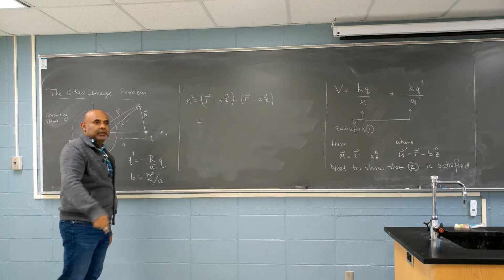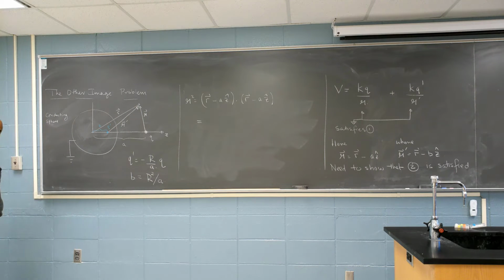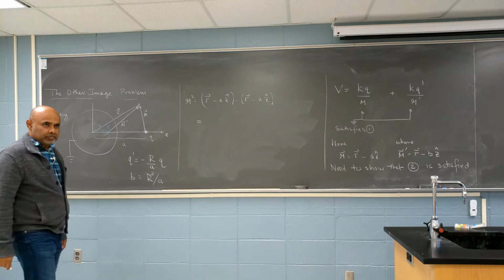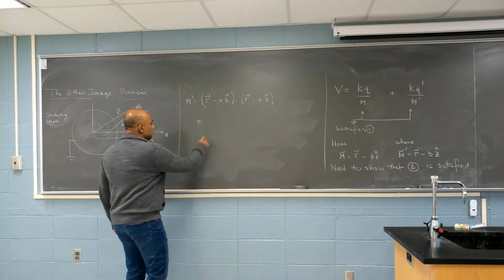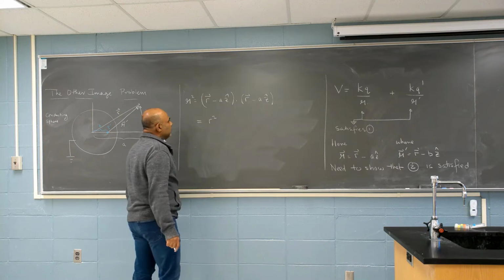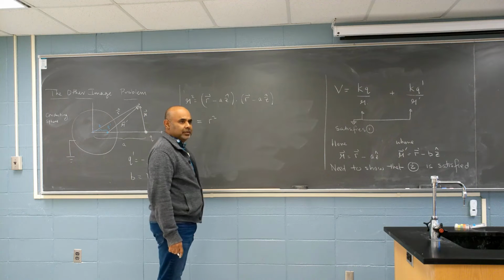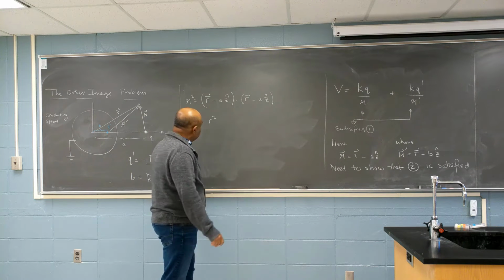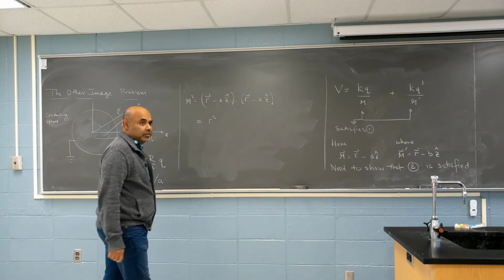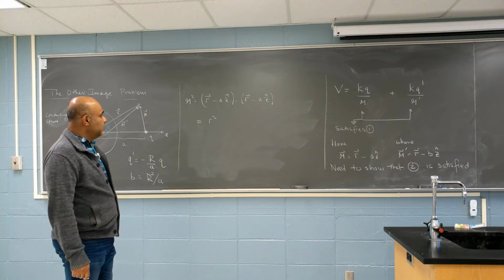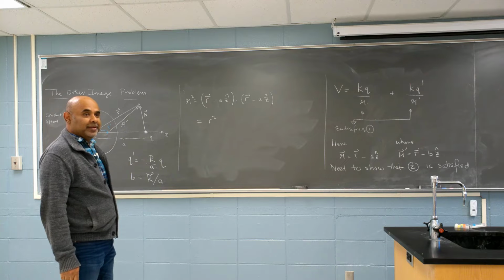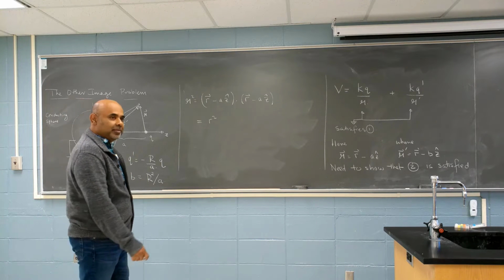Let me write the squared, and then I can take the square root. Well, just by looking at what R is, it's R minus A Z hat dot R minus A Z hat. Foil it out for me, Travis. What's the first term I'm going to get? R squared, good. Then what am I going to get? Plus, not A squared, Z squared. Well, what is Z squared? This is not multiplication.